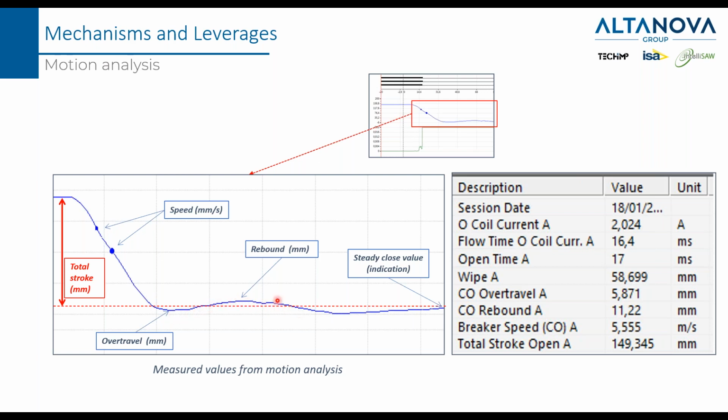Then you have a rebound, maybe more than one, and in the end you reach the steady state. This information is important because if the over travel is too much and the rebound is too much, and maybe you can see oscillation here, this is a clear indication that something is going wrong inside your mechanism.